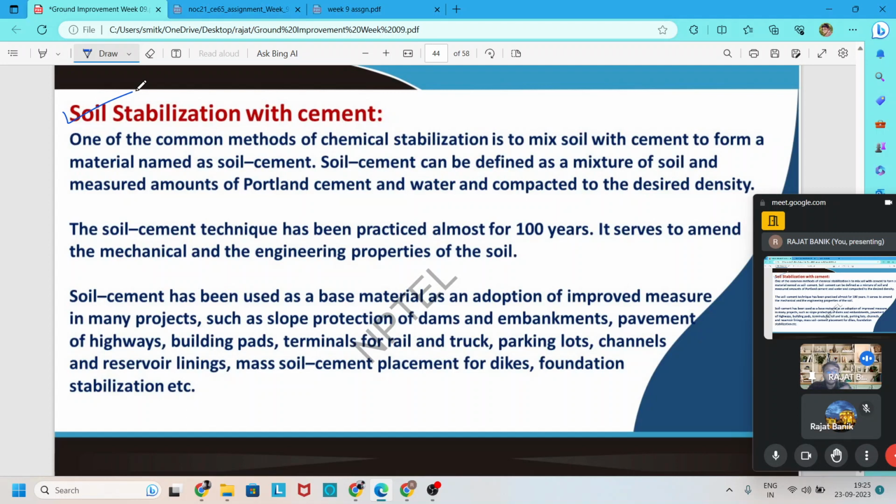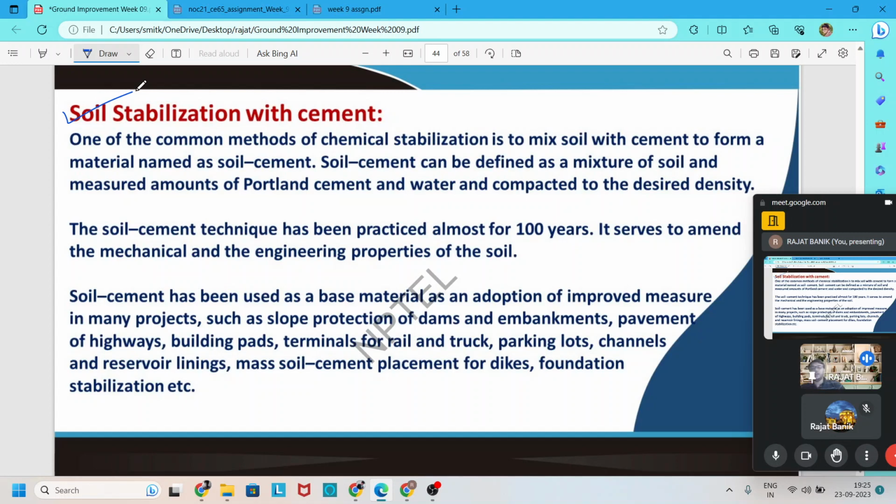That means it improves the soil's mechanical properties and also its engineering properties. The mechanical properties like void ratio, porosity, and density improve. In engineering properties, it will improve the cohesion and internal friction of the soil.